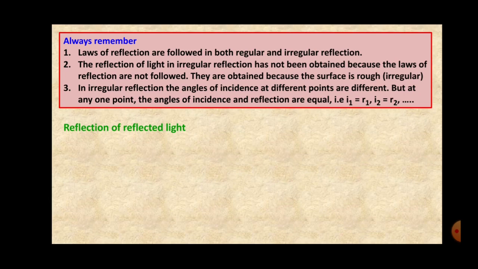Students, when you go to the parlor, girls especially and boys when they go to the salon for cutting their hair, they might have observed that in the salon generally the mirrors are placed on both the walls. Now when you sit in front of the mirror, what do you see in the mirror? The image of the back of our head is formed in the mirror in front.